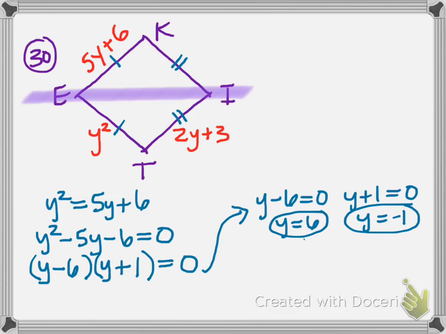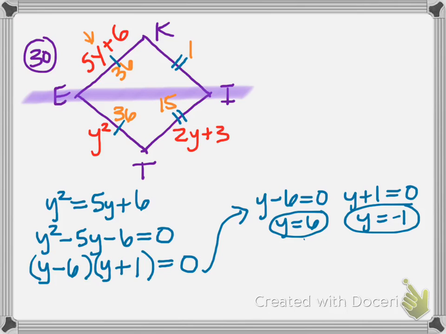So if y equals 6, then 5 times 6 is 30 plus 6 is 36. Y squared, or 6 squared, is also going to be 36. My other 2 sides, which should be congruent, are both equal to 2y plus 3, or 2 times 6, which is 12, plus 3, which is 15.